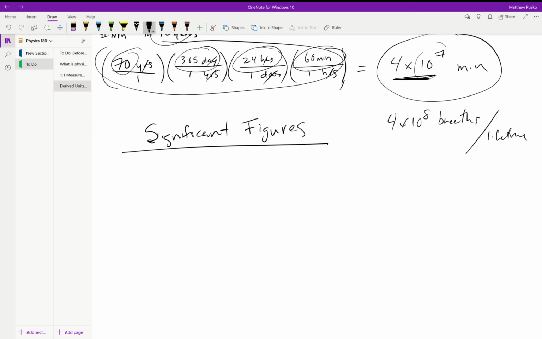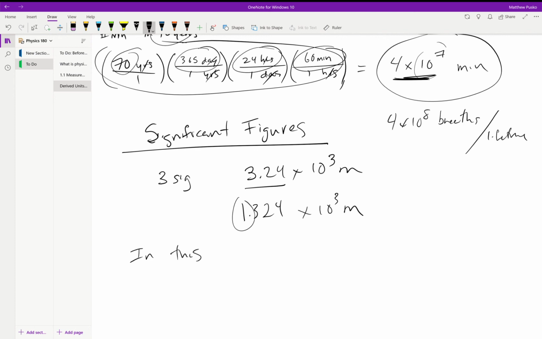But generally we report 3 significant figures. So an example, 3.24 times 10 to the third meters. That's 3 sig figs. Now if there was a 1 in front, I would report 1.324 because that 1 is not significant.